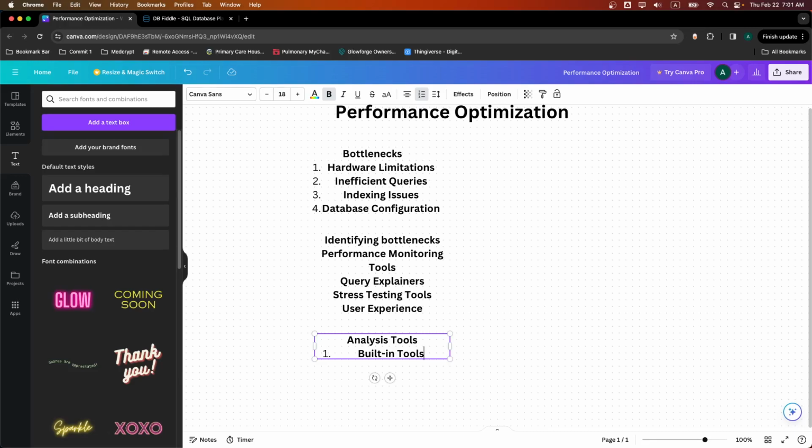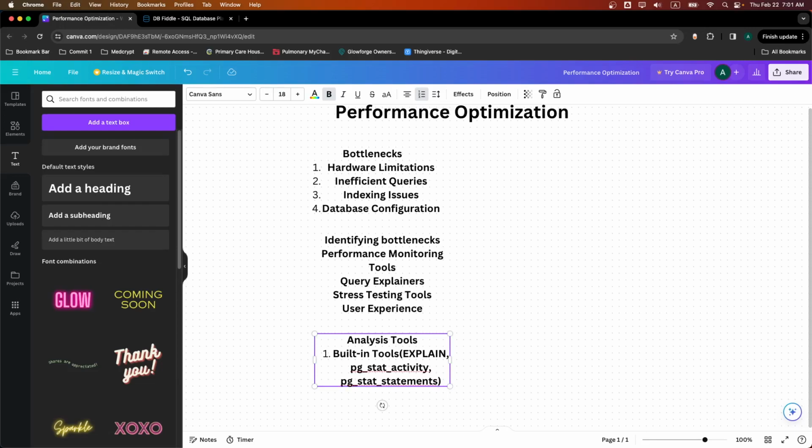In terms of MySQL, we have EXPLAIN. We have another command, pg_stat_activity, and then we have pg_stat_statements.